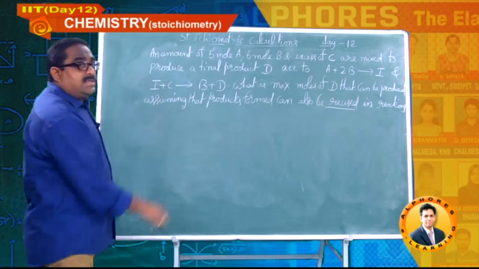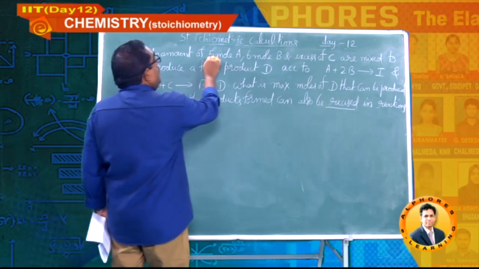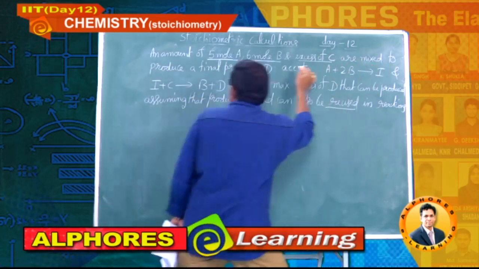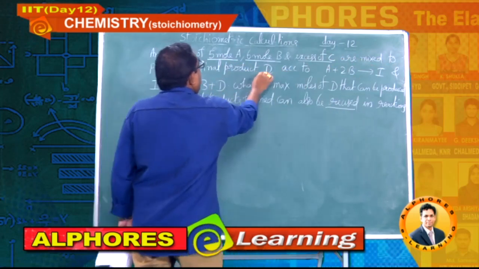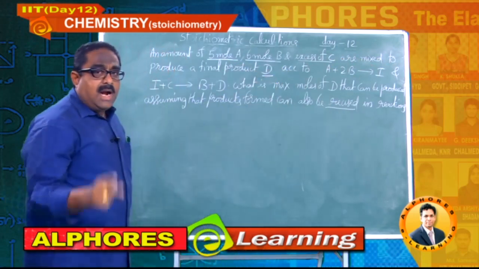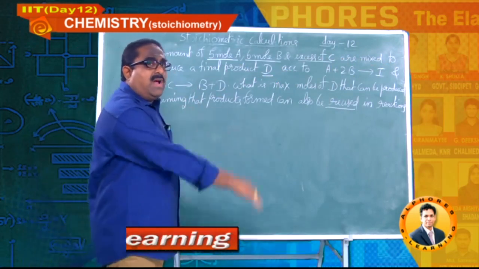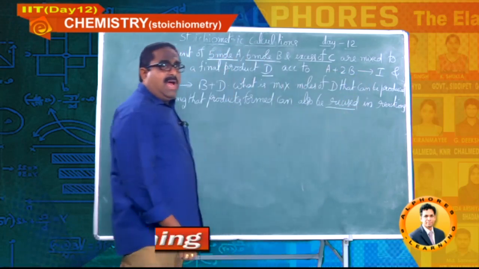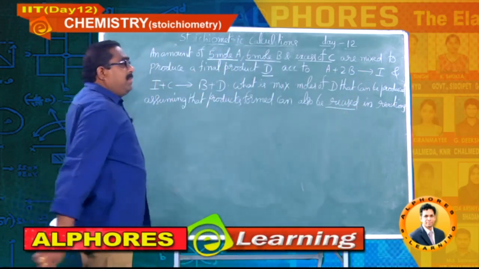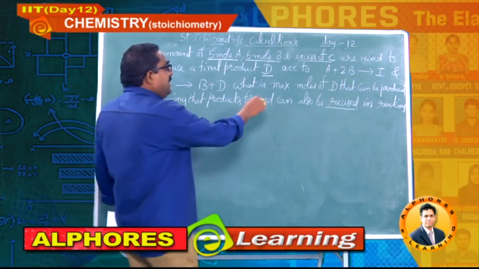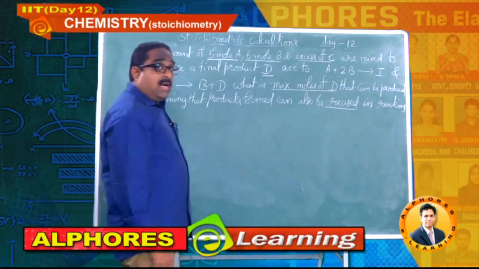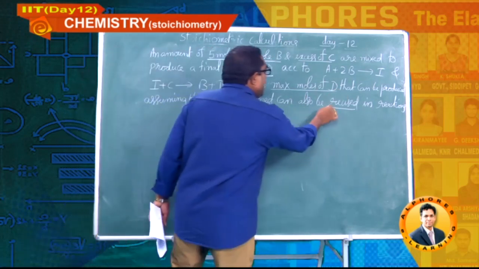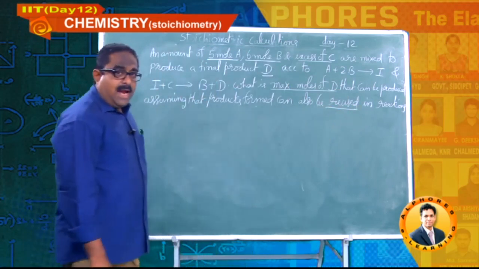Once again I am repeating the question, students. 5 mole A, 6 mole B and excess of C are mixed to produce a final product D according to two equations, one after another, two reactions. First, A plus 2B gives rise to I and I plus C gives rise to B plus D. Now what he is asking is the maximum moles of D that can be produced assuming that products formed can also be reused in the reactions.